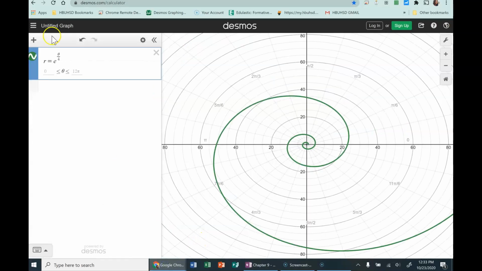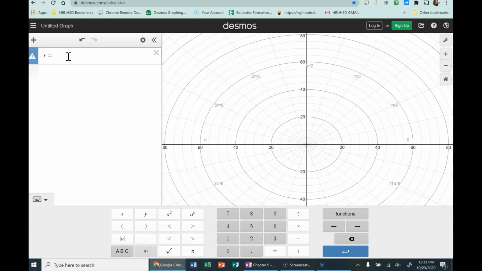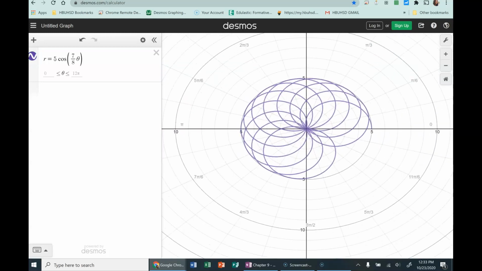I love this one because it's easy to mess around with. Okay, so r equals, let's say 5 cosine of 7 divided by 8, and then theta. Ooh. Look at that. That's super cool. And you can keep on going, right?